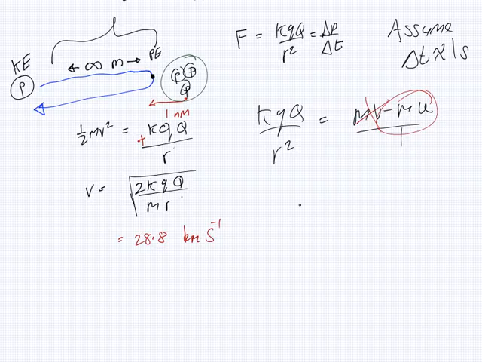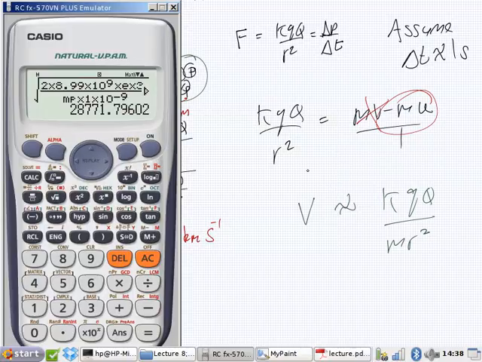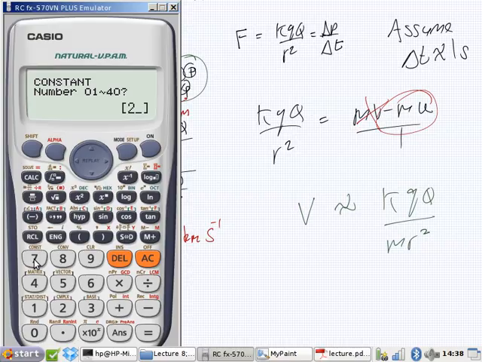So you basically get v, or u as you called it, is roughly k q over m r squared. Now that's kind of similar, but there's no 2. And I wonder what happens. No, I don't think it'll be the same because we had to assume something about the time.